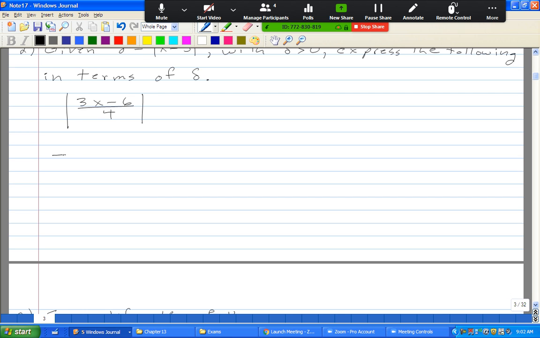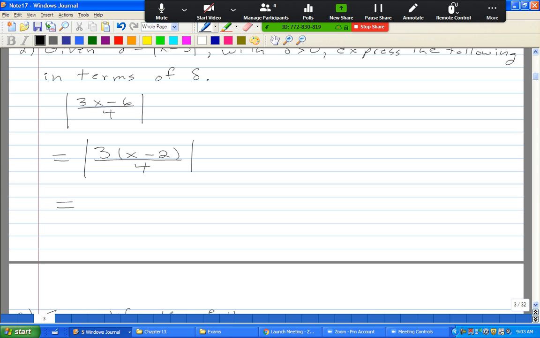Notice that I want to express the following in terms of delta. This quantity, absolute value of 3x minus 6 over 4. I can factor a 3 from the numerator. I can use the properties of absolute values.